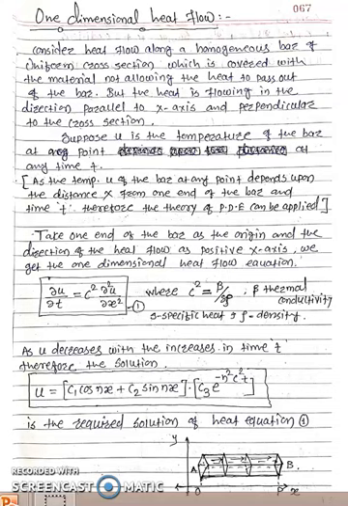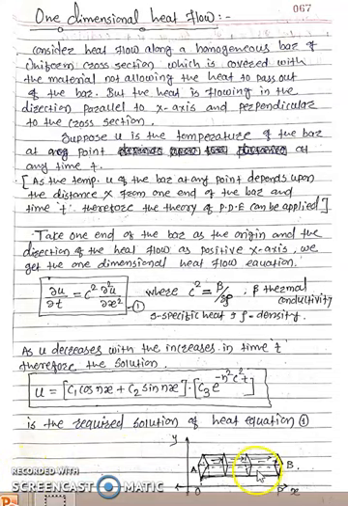As u decreases with the increase in the time t, the solution of this equation is u is equal to, in first bracket, c1 cos nx plus c2 sin nx, bracket close, multiplied by the second bracket c3 e raised to minus n square c square t, bracket close, which is the required solution of the heat equation.